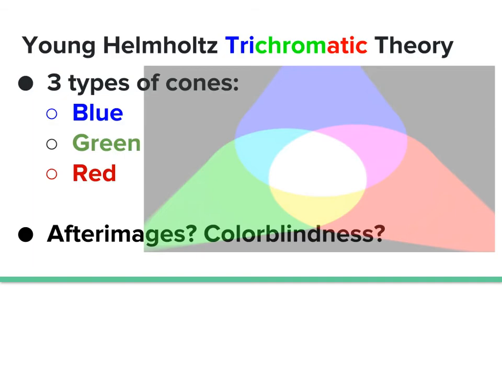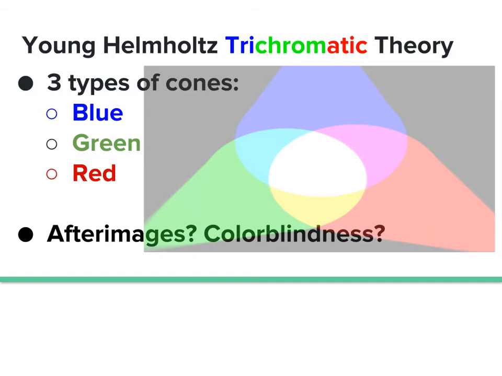So we have three types of cones that specialize in different waves. For those waves that correspond to bluish colors, we have cones for that. We have cones that specialize in waves that correspond to the greenish tones of color, and we have another type of cones that are responsible for processing light waves that correspond to the reddish tonalities of color.